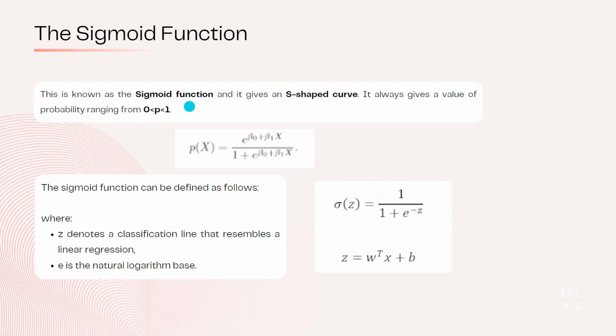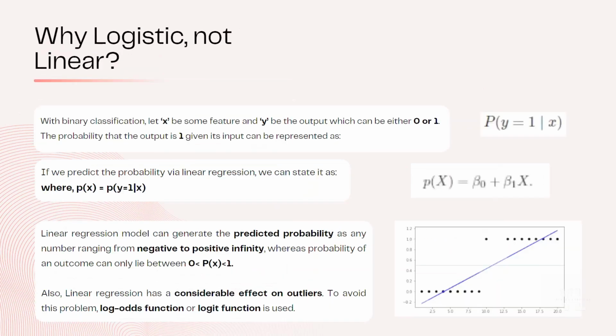This is known as a sigmoid function, and it gives us the S-shaped curve that we need in order to classify these two sets of classes. So an S curve could be a function that is suitable to solve this kind of problem.